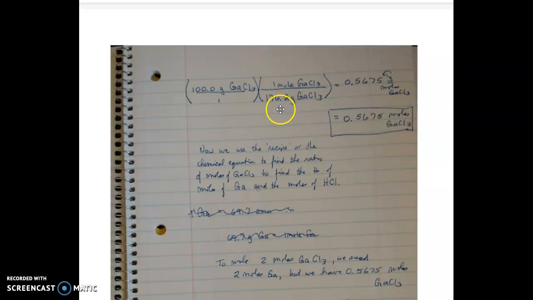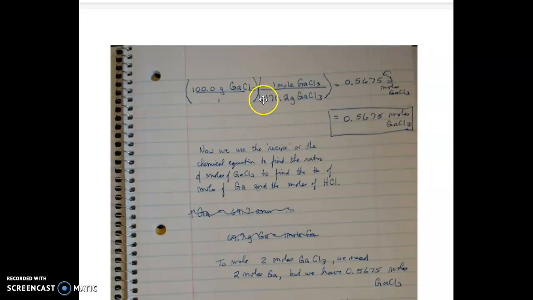How do we use this conversion factor? Our grams of GaCl3 have to be in the denominator because we want the grams of GaCl3 to cancel, and that will leave us with moles. So for every 1 mole of GaCl3, there are 176.2 grams of GaCl3.